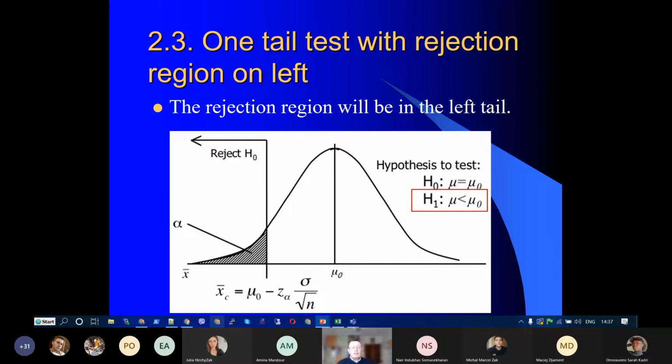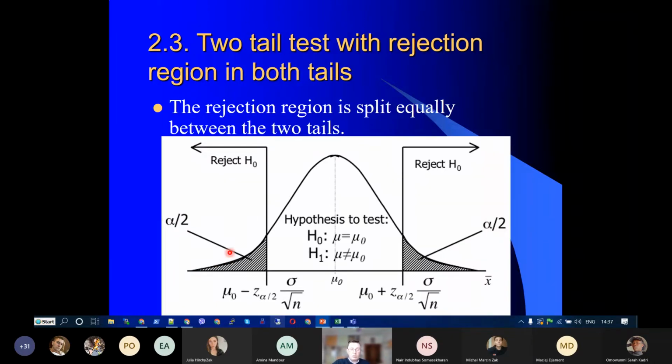Then how will it look if we are looking for the difference I explained, where we are looking not only at whether our experimental population mean is smaller than the control population mean. Here we have a left-tailed test, and we have the rejection criteria on the left side of the normal curve.